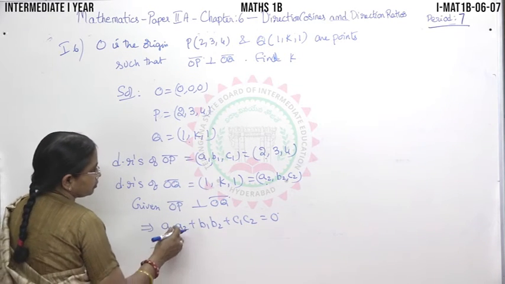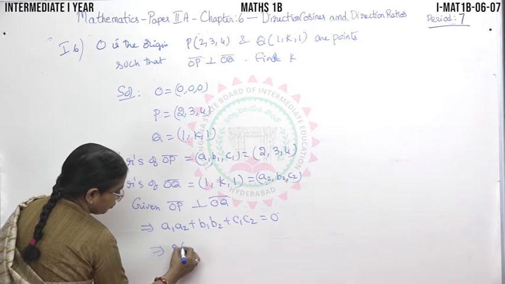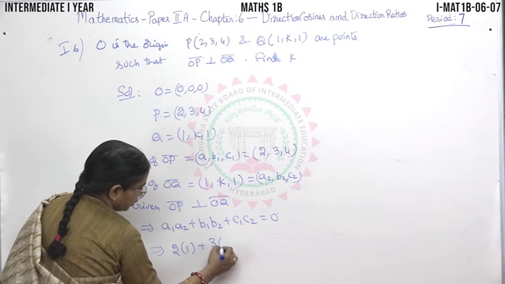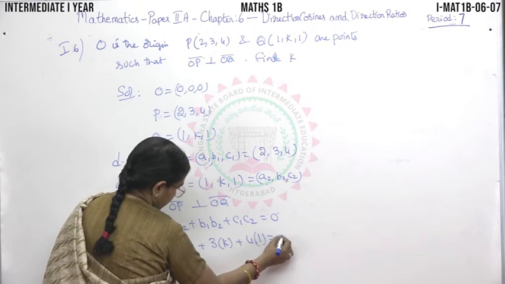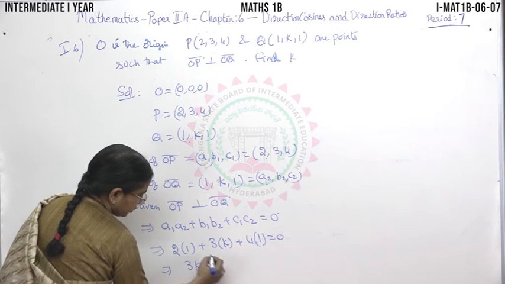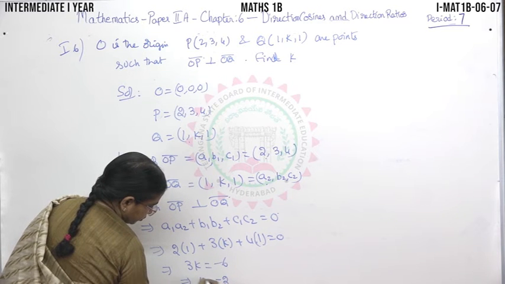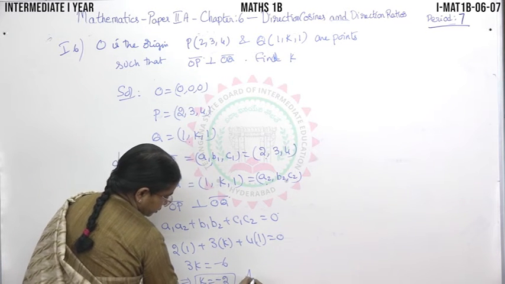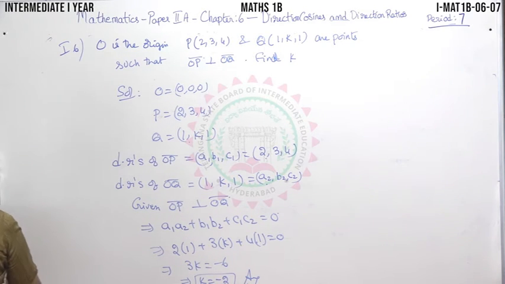Now substitute. 2 into 1 plus 3 into K plus 4 into 1 is equal to 0. So that means 3K is equal to 6 minus 6... so K is equal to minus 2. So this is your answer. Like this we do the problem. So K is equal to minus 2.